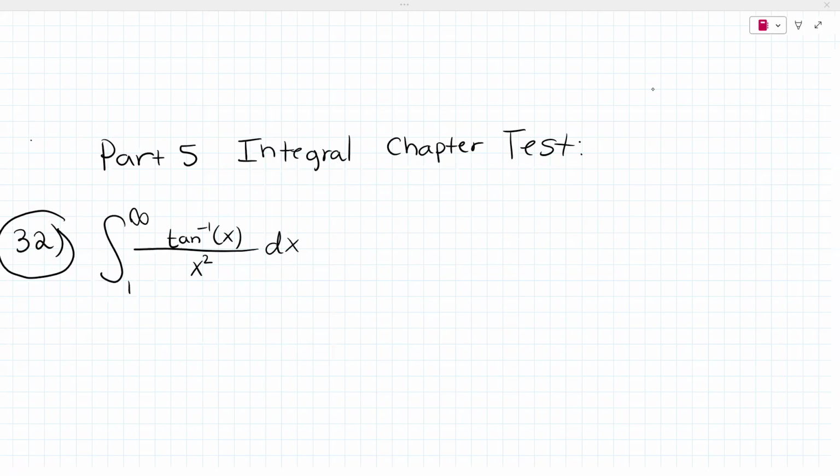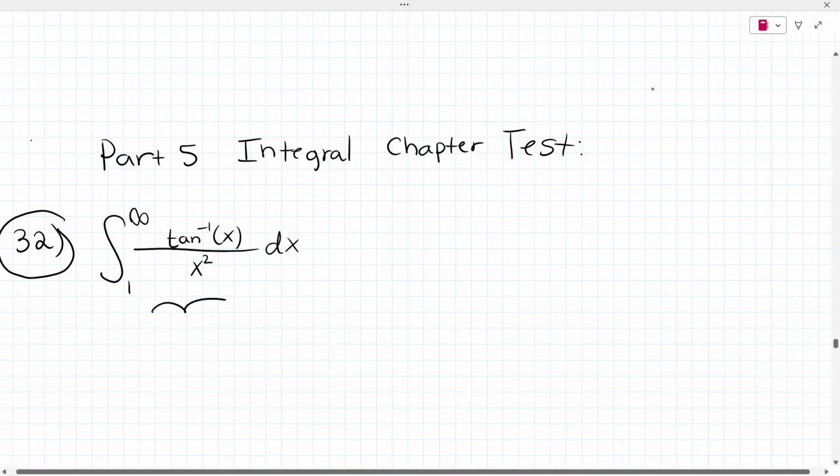On number 32, we have the integral from 1 to infinity of tan inverse of x over x squared dx. It looks like an improper integral based on the boundaries from 1 to infinity.